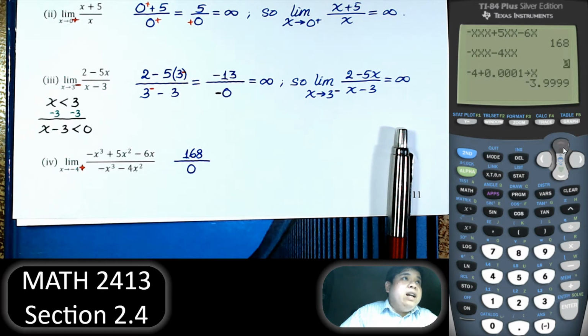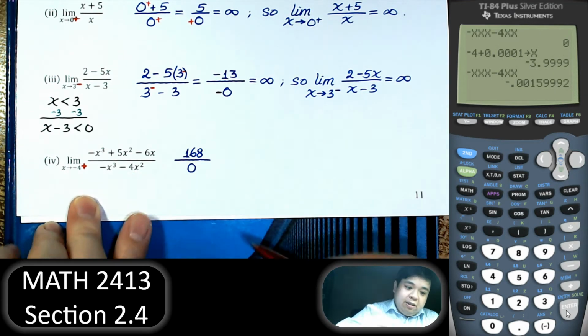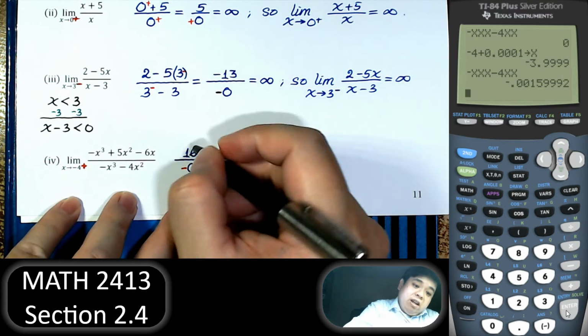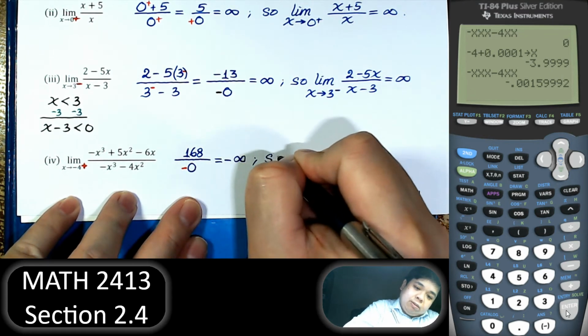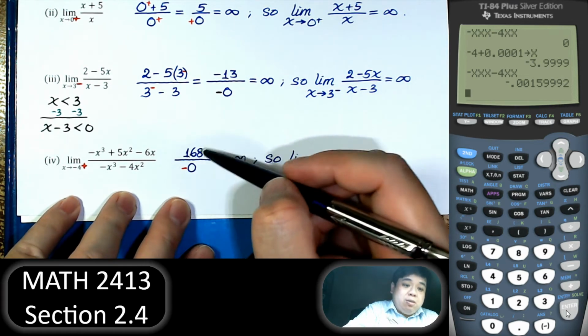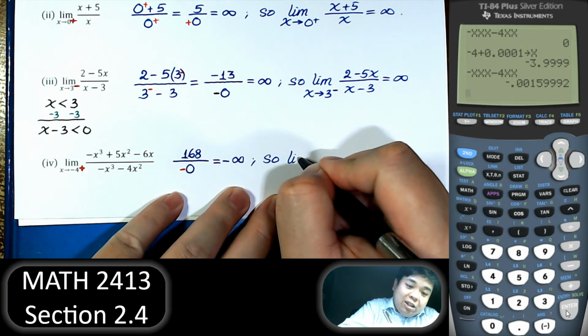And we go back and evaluate the denominator. It is negative. Positive divided by negative is negative infinity. The reason I don't want to write this equal sign here is because mathematically writing it like this is not perfectly correct.